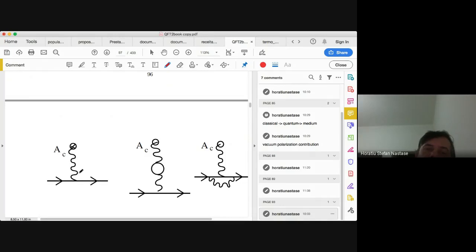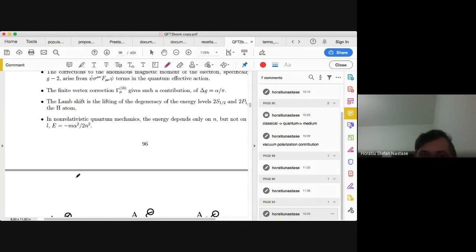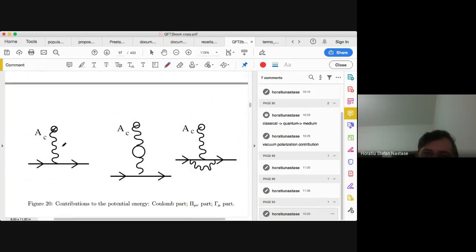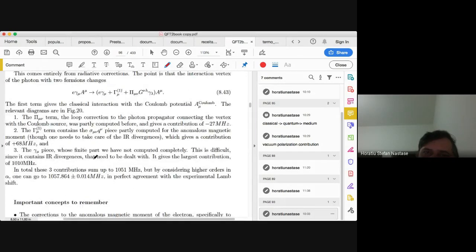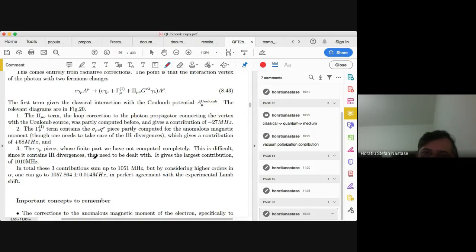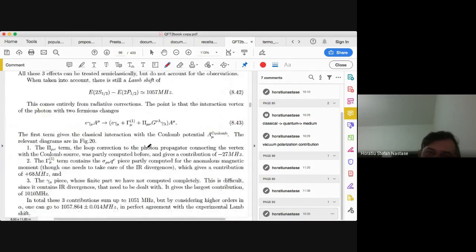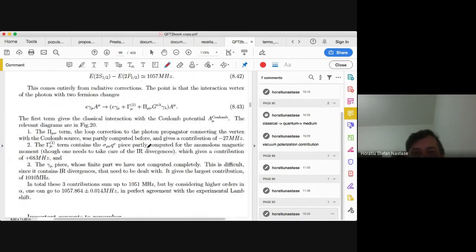But again, we have not taken care of the infrared divergences the same way as we haven't taken care of the infrared divergences in here. So this gives the largest contribution, that's comparable to the final result. It's 1010 megahertz.